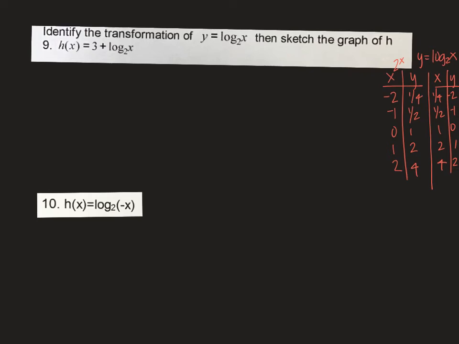So when we're looking at what to do with this table for log base 2 of x compared to this one with our 3 plus log base 2 of x, we're just going to move all of those up 3 units.